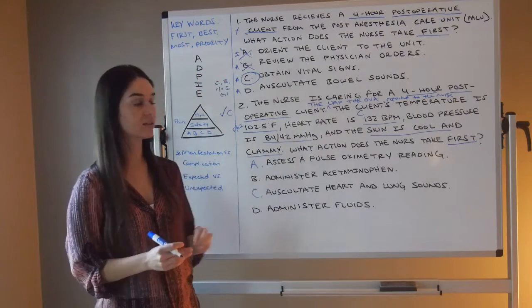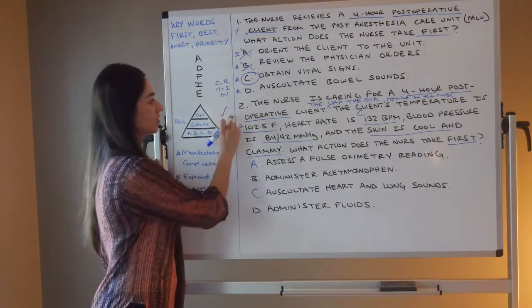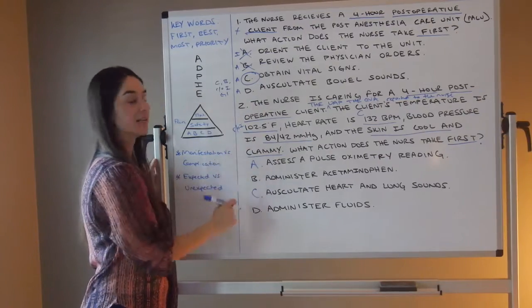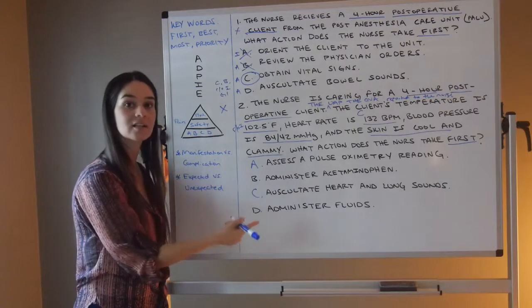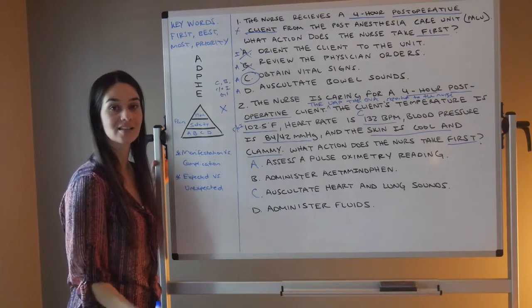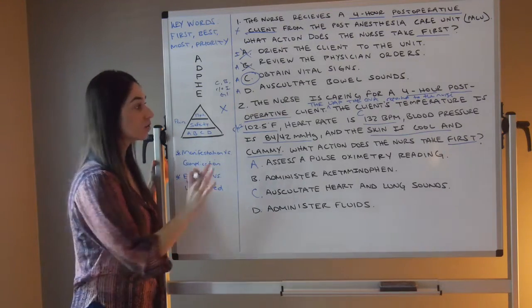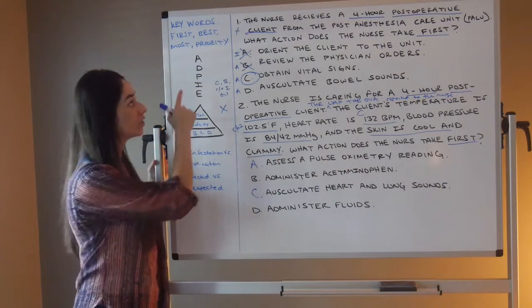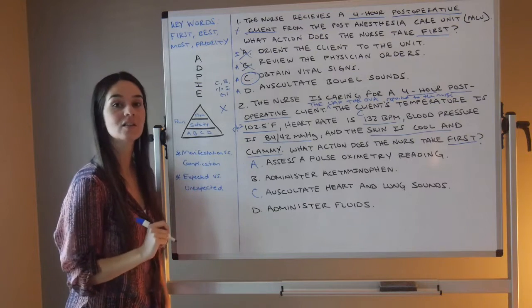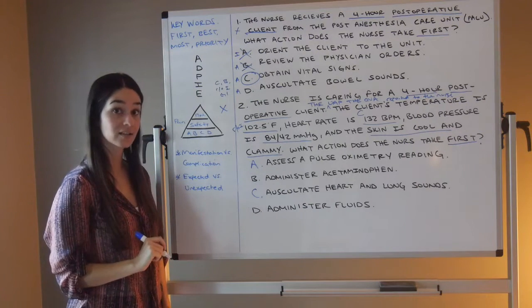So just inserting that would change my scenario to an X, because I, the nurse, have not done the first step of my nursing process and collected data. So even though you have all this information, you didn't collect it, and you didn't start the assessment step in your nursing process.